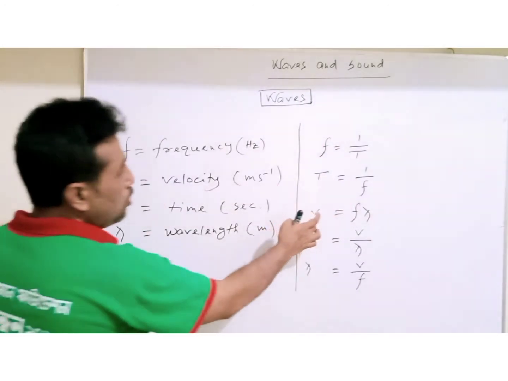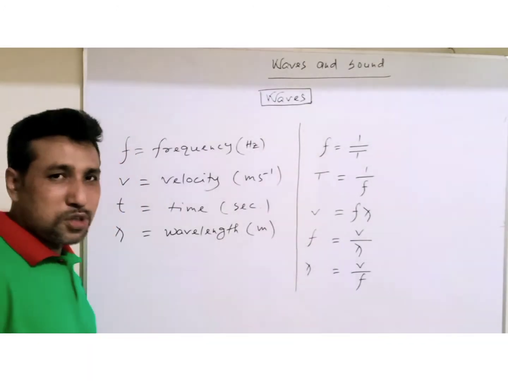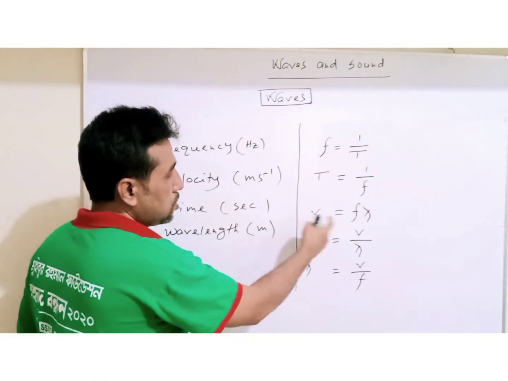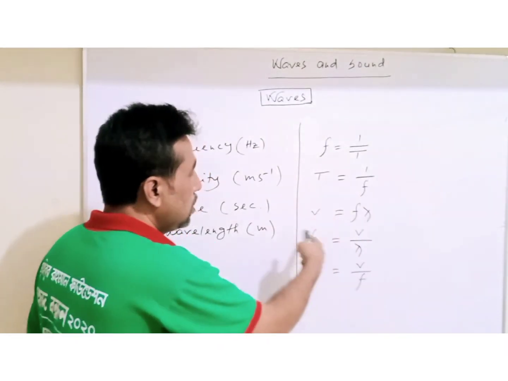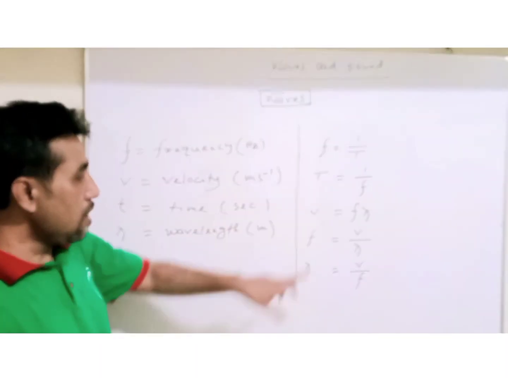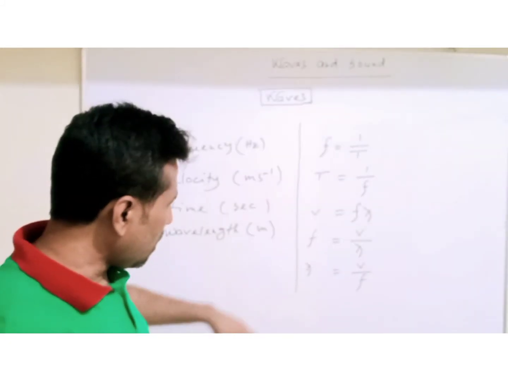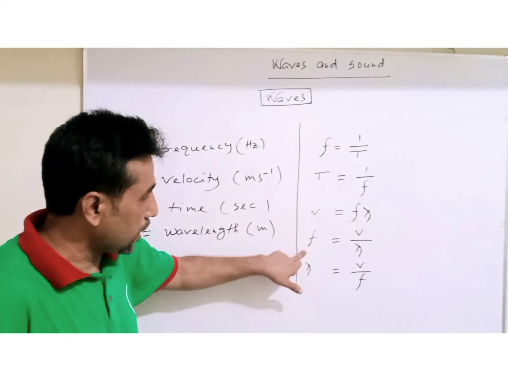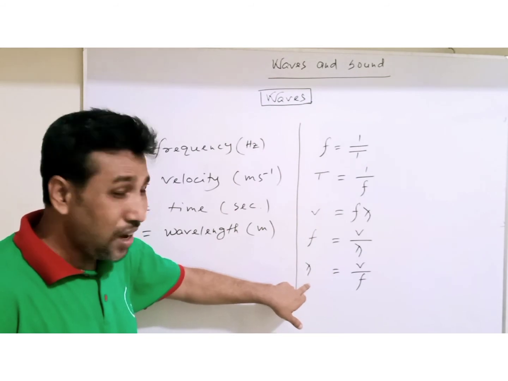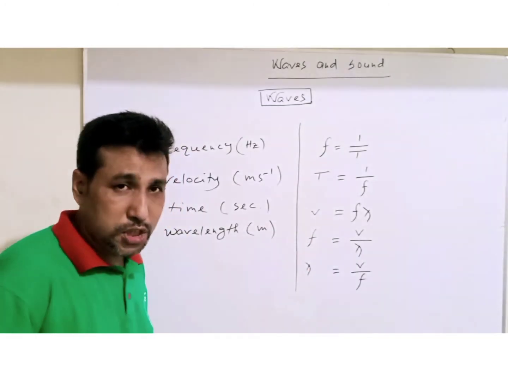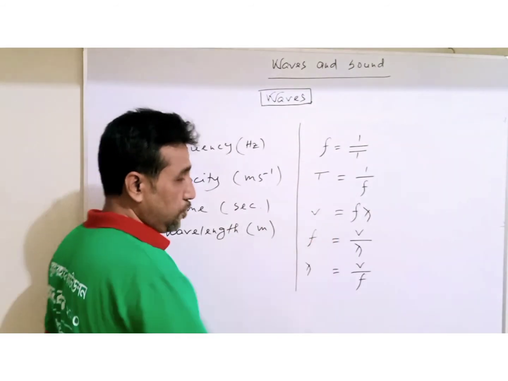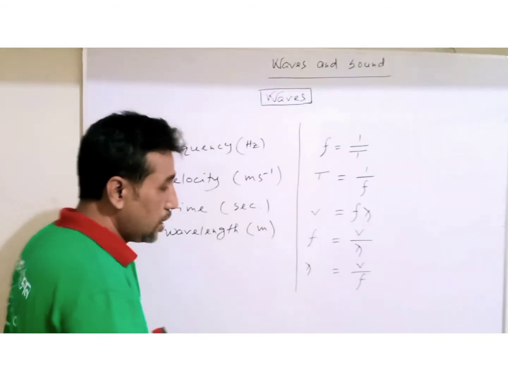And if you want the velocity of the wave, you can easily get it by the equation v equals f lambda. The product of frequency and wavelength gives the velocity. Rearranging this equation, you can get the frequency, and you can find the wavelength also. So these three terms are very closely related to each other. If you know any two of them, you can easily get the remaining one.